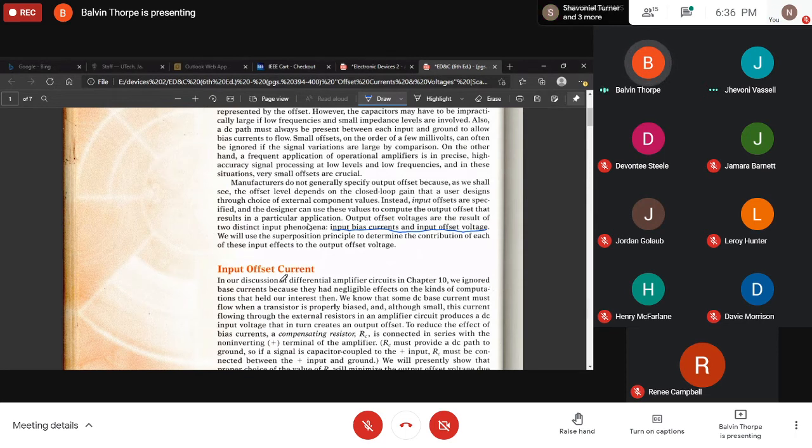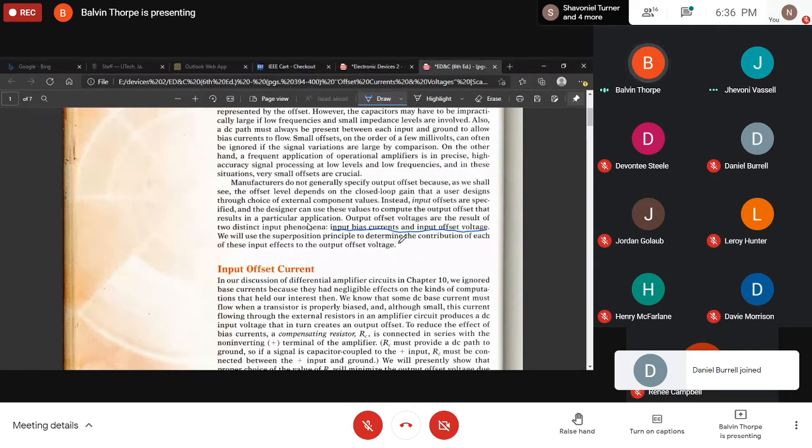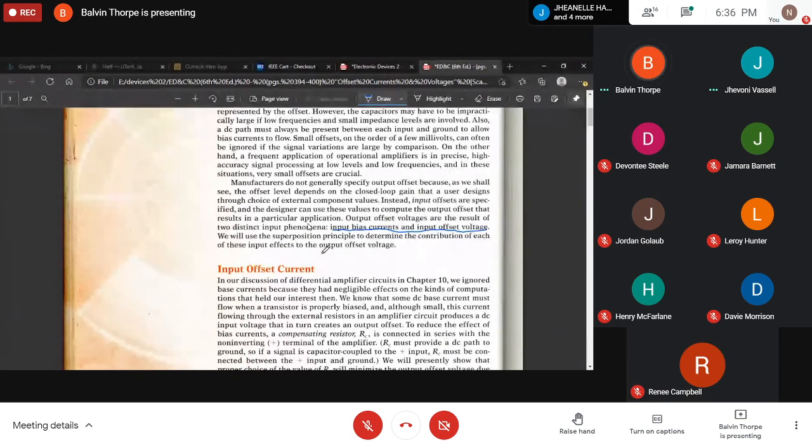That's what they will tell you, right? We will use the superposition principle to determine the contribution of each of these input effects to the output offset voltage. So now we know two things that can affect the output offset, and that's what we're trying to limit, right? The output offset. But if we can do it from the input, it makes our life better because the manufacturer will tell us what these things are. Follow with me? Yes, sir.